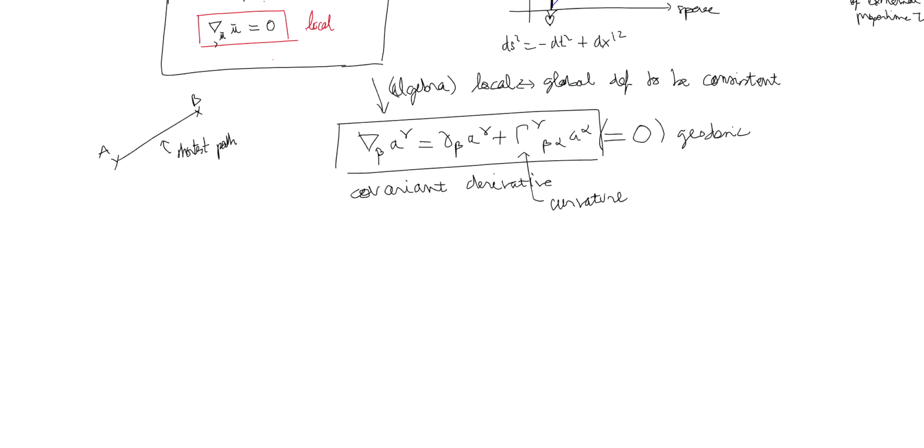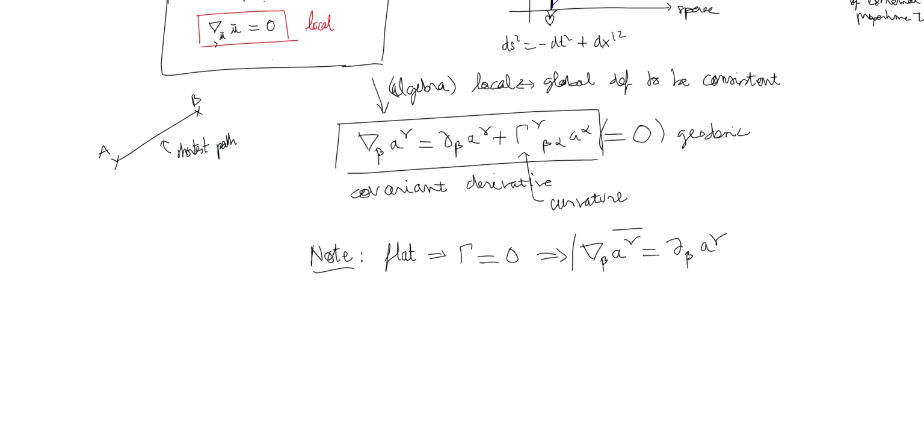I will finish the video with the note that if spacetime is flat, we know that the Christoffel symbols vanish. And thus, the covariant derivative is just the partial derivative of the vector field A. This is not a surprise.